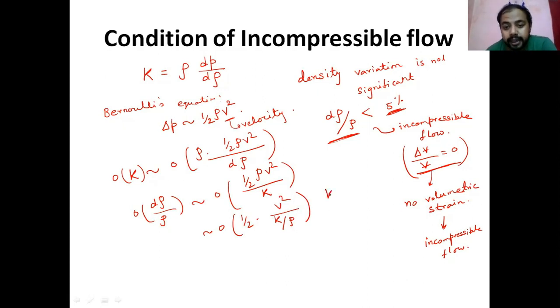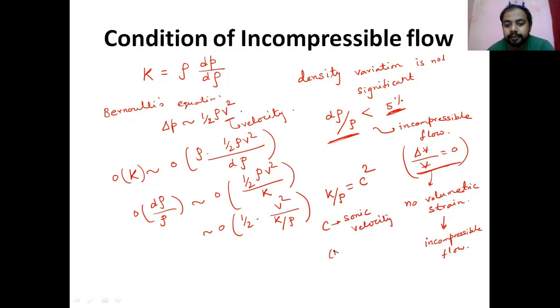Now the term is K by rho. What does it mean? It is C square. What is C? C is the sonic velocity or sonic speed.